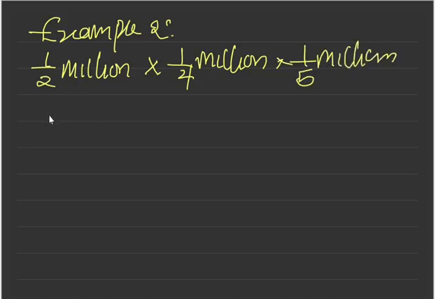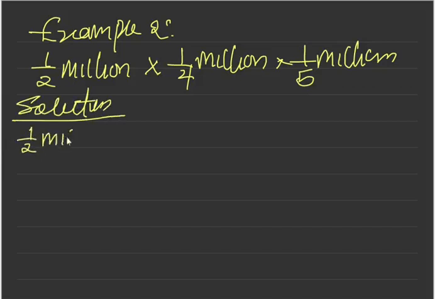So now what you're going to do is write it out one by one. What is the meaning of half of a million? Half of a million is 500,000 in a practical sense of life.